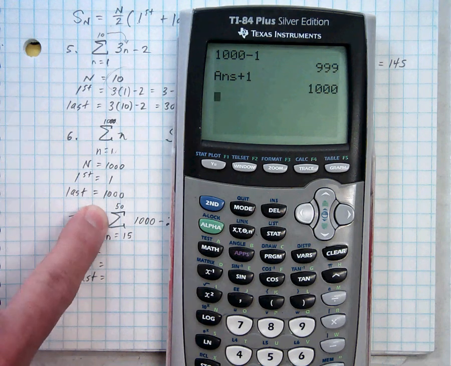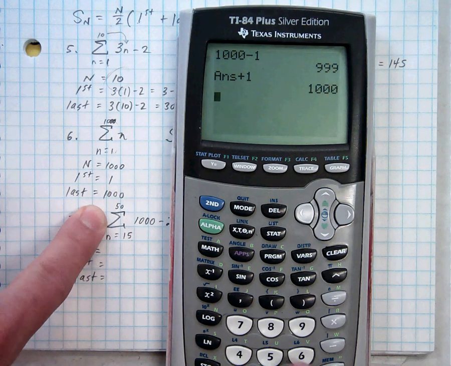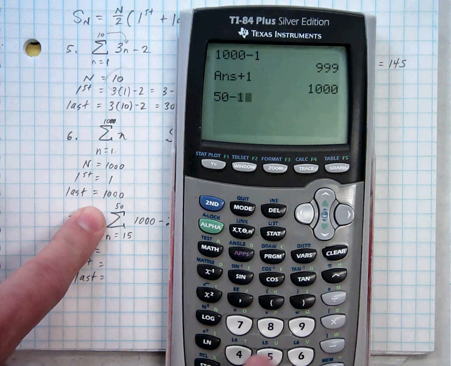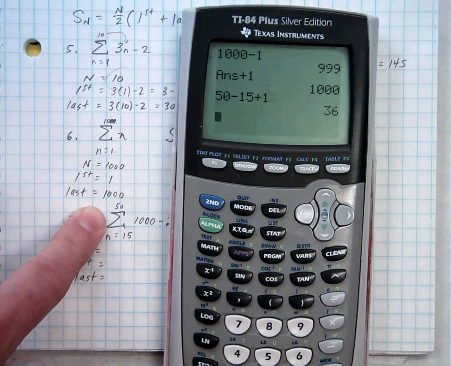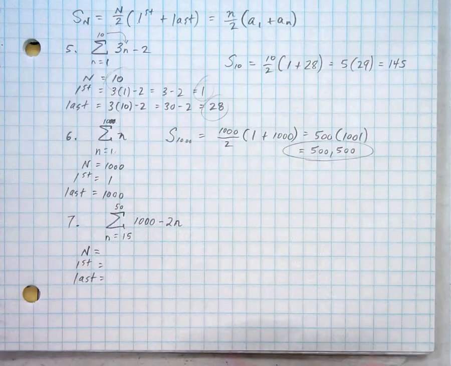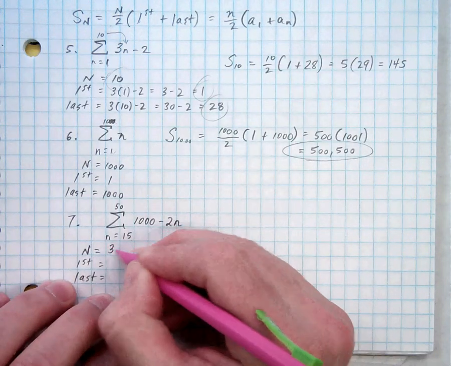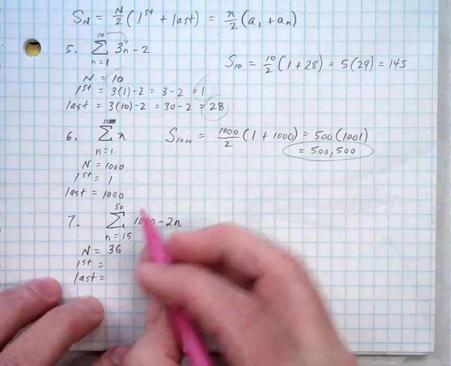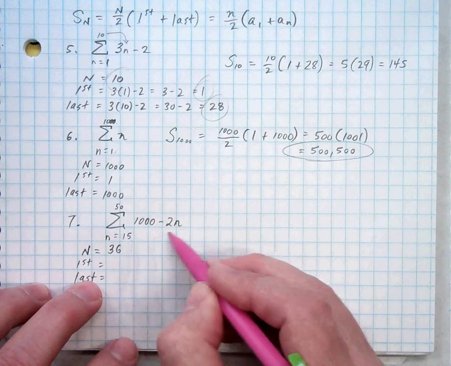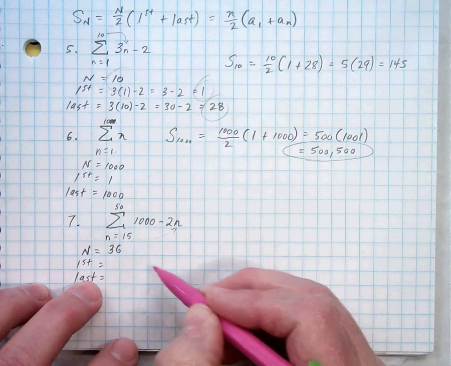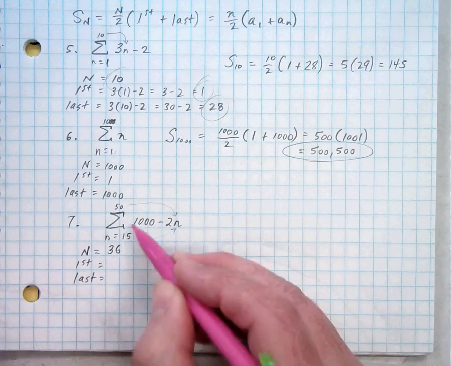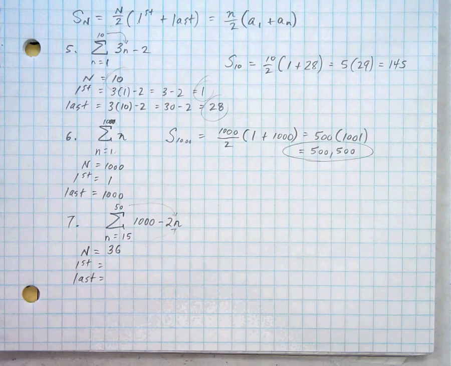So if I want to use that method here, from 15 to 50 would be 50 minus 15, add 1 back on, is 36. So I'm adding up 36 numbers here. All right, the first number is found by plugging in that 15 right there, and the last number is found by plugging in that 50 right there. So go ahead and find the first number and the last number.